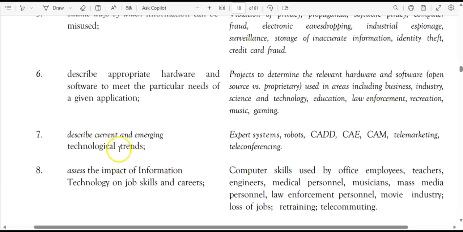All right, another trend that we're going to look at, let's look at CADD and CAE. What is CADD? This abbreviation means Computer Aided Design and Drafting. CADD is the use of computer software to design and create technical drawings and detailed blueprints.